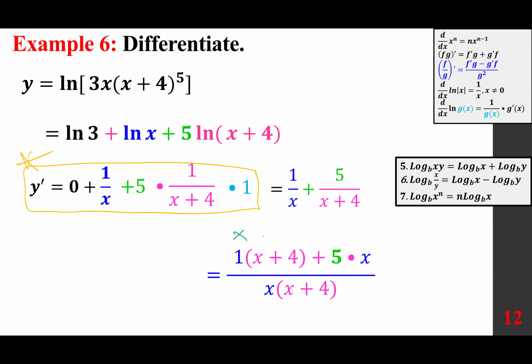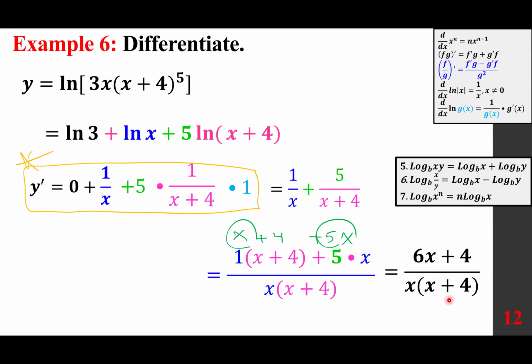So we get x plus 4 plus 5x. We can combine these two, and the final answer, y prime equals 6x plus 4 over x times x plus 4. This is our final answer, everybody.